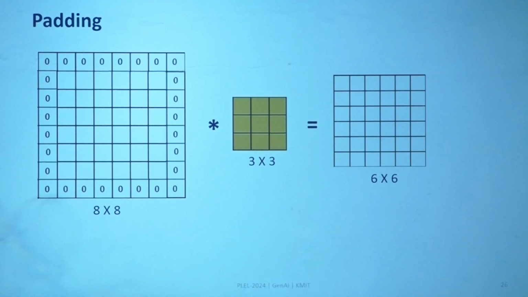Now you are going to do one more exercise. On this 8 by 8 image, if you apply the 3 by 3 kernel, what output feature map do you get? 6 by 6, which is exactly the same as the input shape. So you are not going to lose any information even at the corner positions.